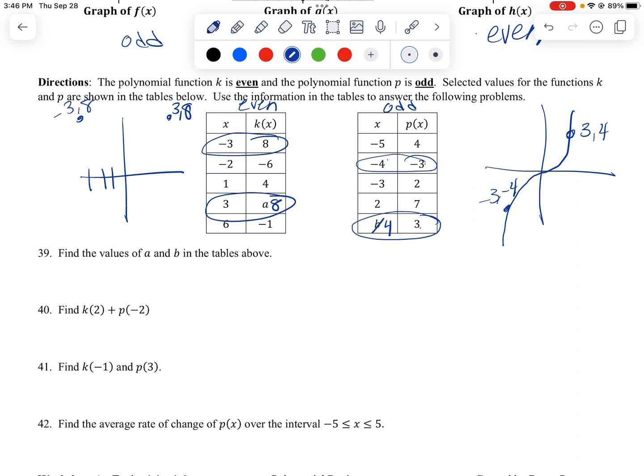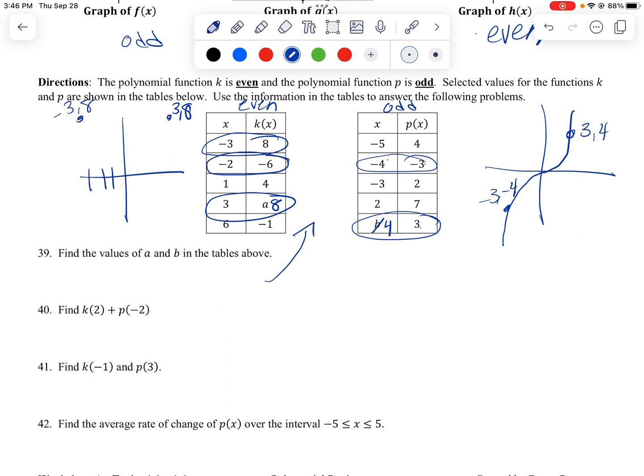Find the value of A plus B. Oh, wait, that's what we did, sorry. Find K of 2 plus P of 2. Okay, well, K of 2.